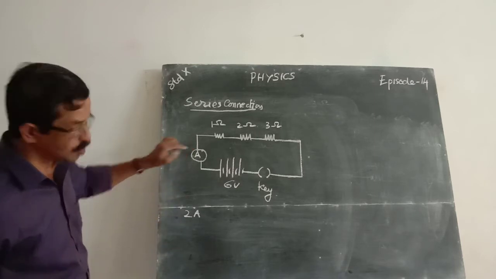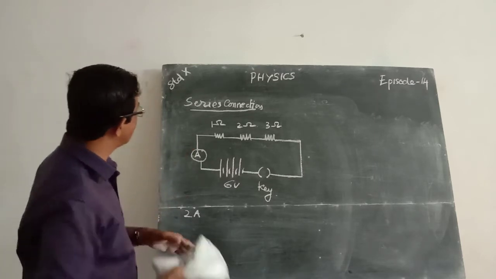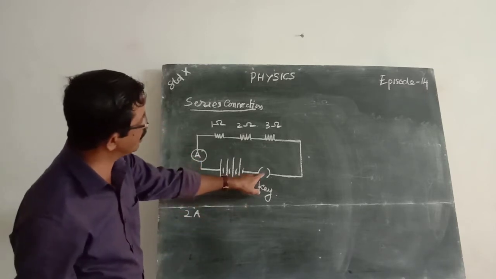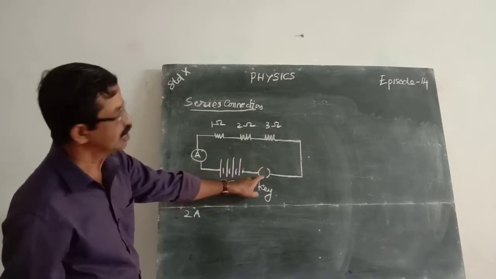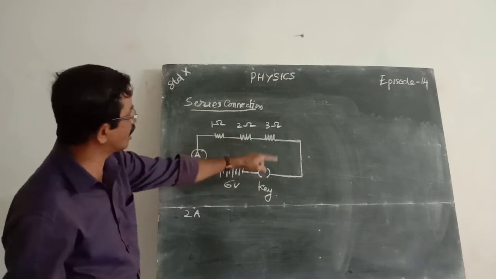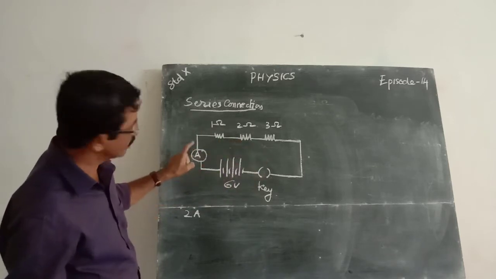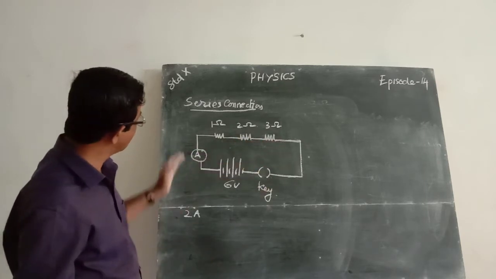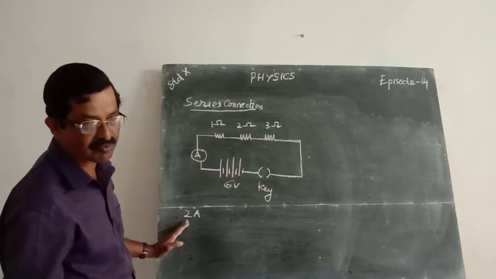Now the position of the ammeter is changed. Suppose the ammeter is here, and when we close the key, we measure the current through all the resistors, and let it be 2 ampere.